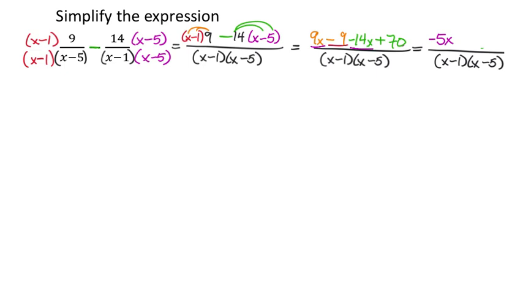And then we've got negative 9 and positive 70, which appears to be positive 61. Okay, that's unusual. I was expecting this numerator to factor because we have this denominator that has two binomials in it. I can't. That numerator is not factorable, so there's nothing I see that I can simplify here. So that is it.